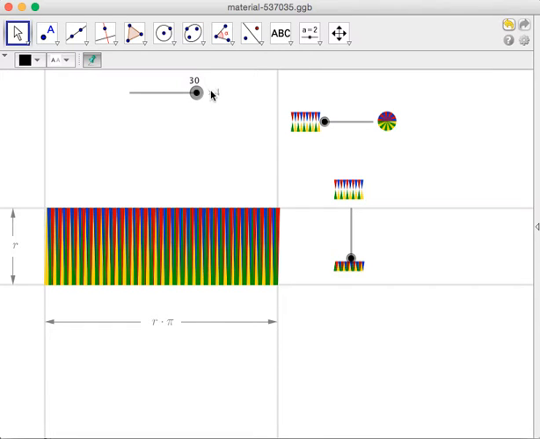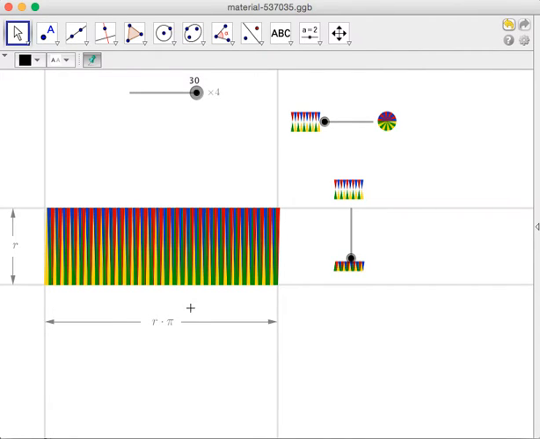So, if we increase the number of parts into infinitely many divisions, then mukha na siyang rectangle. And whether it's a rectangle or a parallelogram, pareho yung formula.